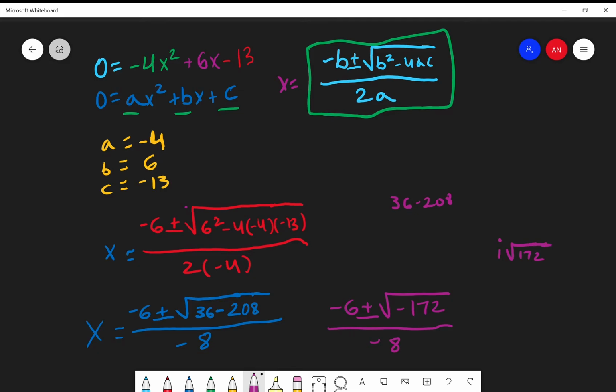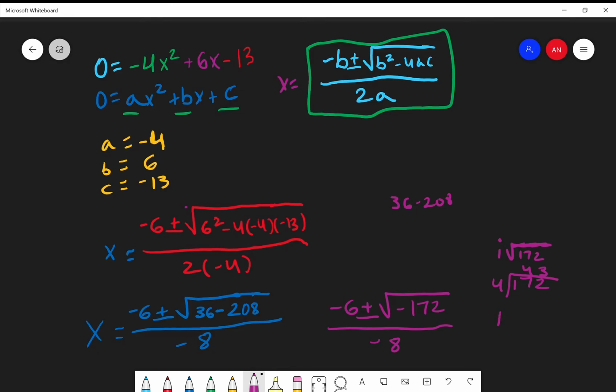I hope you've all learned how to simplify square roots using common whole square terms, such as 4, 16. Let's start by dividing 172 by 4. That's 43.